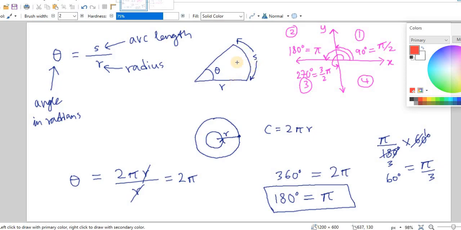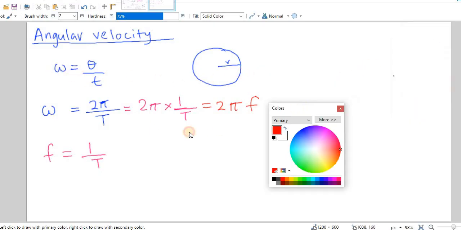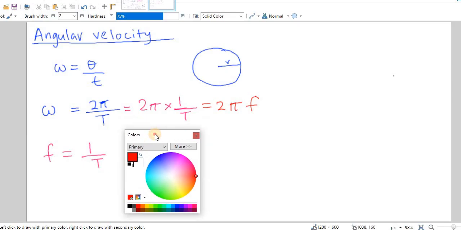But here, let's relate it to omega, but we use this for the tangential velocity, that is the linear speed also. So maybe we can use the same diagram. Let's say an object starts here and it travels to there.